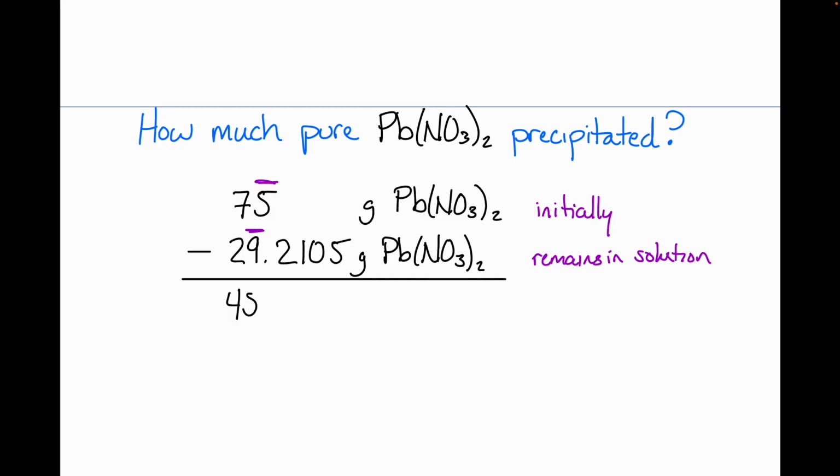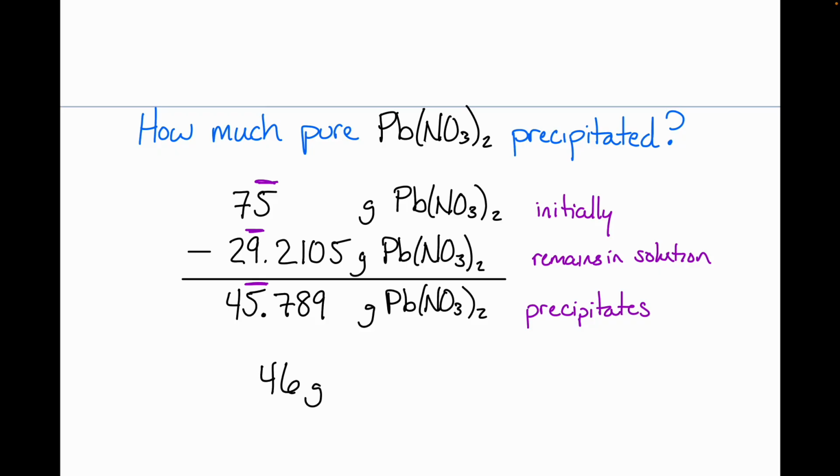So in this experiment, I got 45.789 grams of lead nitrate that precipitates. But I need to round to that ones position, so my final answer here is 46 grams of pure lead nitrate.